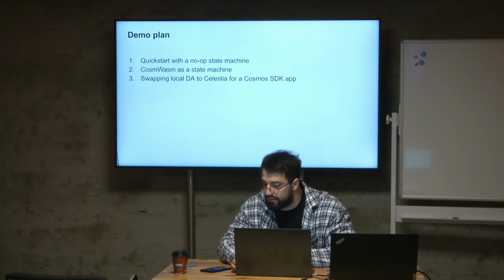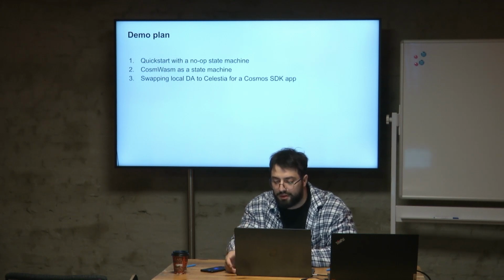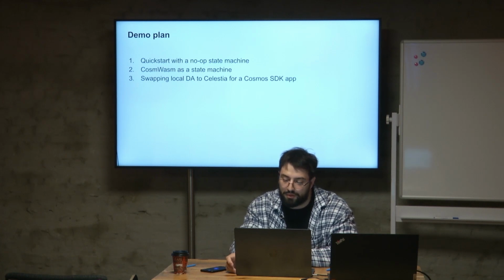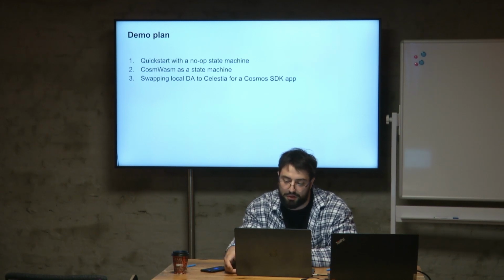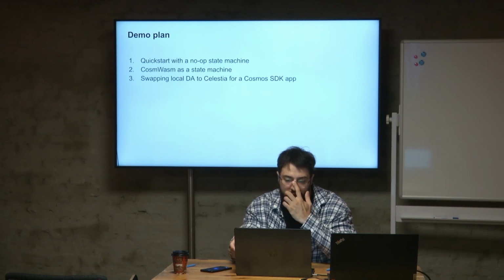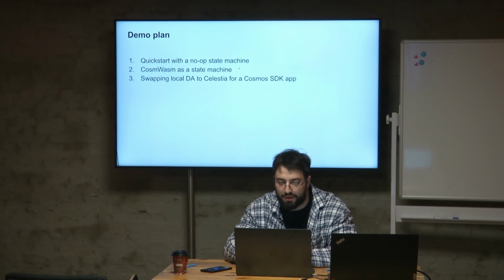Now, what I want to do actually is a small demo. First of all, we want to showcase the modularity aspect, where you can substitute and swap different components, for example, the ones that are implemented by interfaces like state machine or DA. The plan is to first go through our website, do the tutorial, and show how we do the no-op state machine, just with the one-liner.